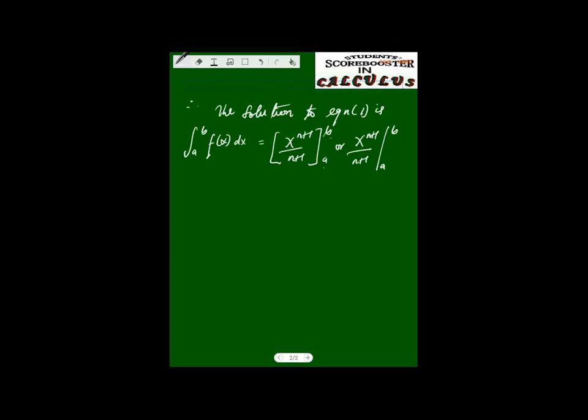So as I explained before, you are going to add 1 to the power of x, and you are going to divide x by the power. So most often, whatever you have here is the same as what is going to be here.